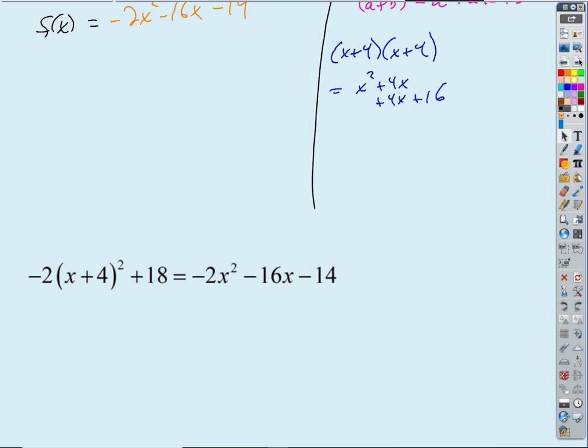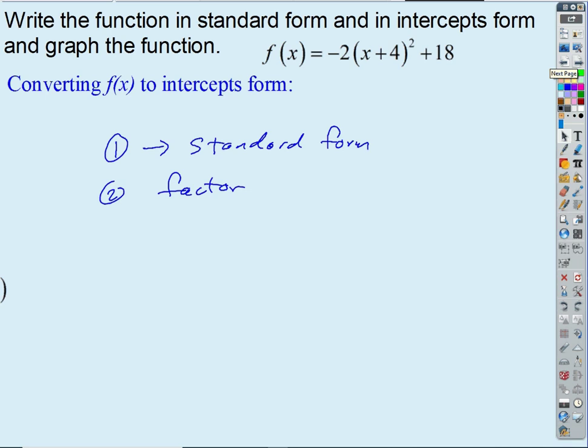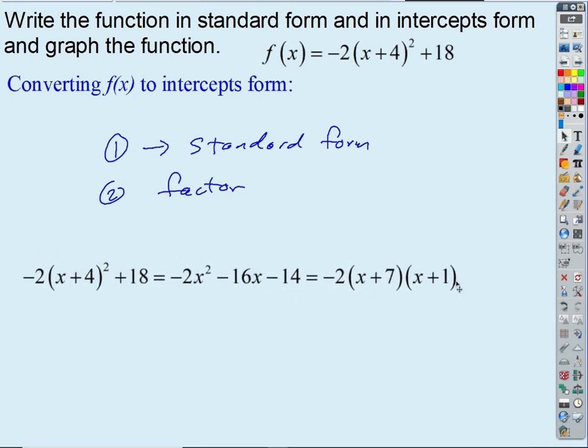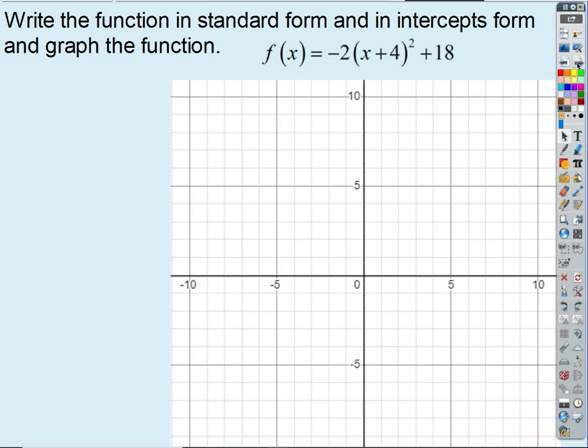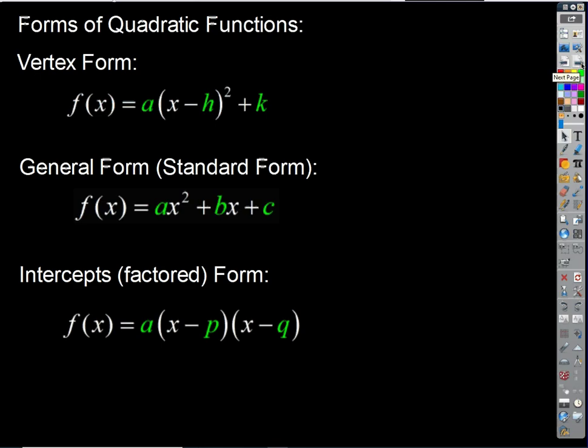Okay, so if we wanted to summarize all that, that's what we get if we did it all. First we simplify, we convert it to standard form, and then we factor it. So to summarize, if we're going from vertex form to standard form, I don't know why I keep calling it general form, that's old textbook, that's just simplify using PEMDAS, right?